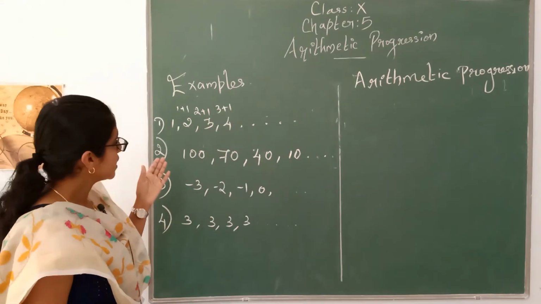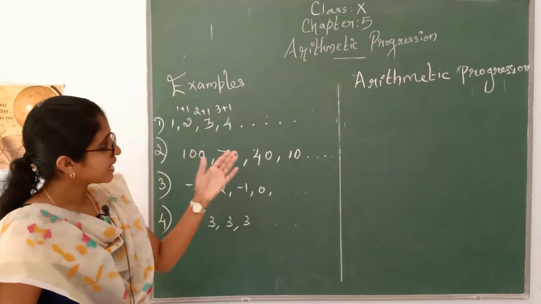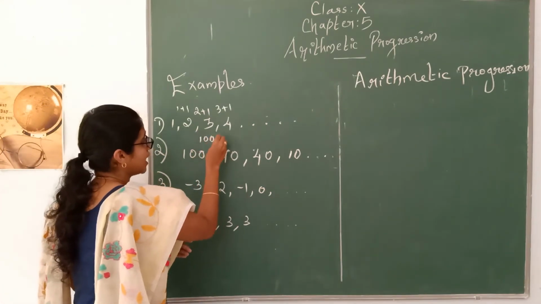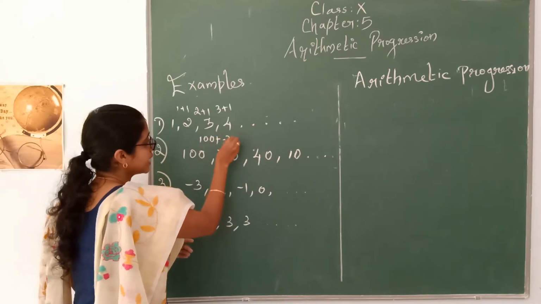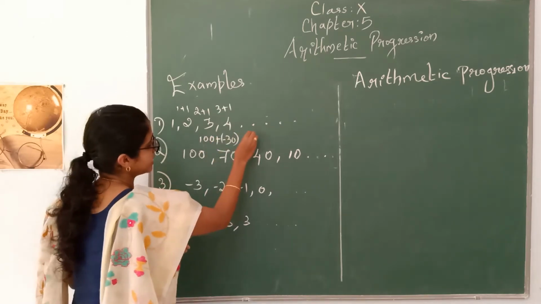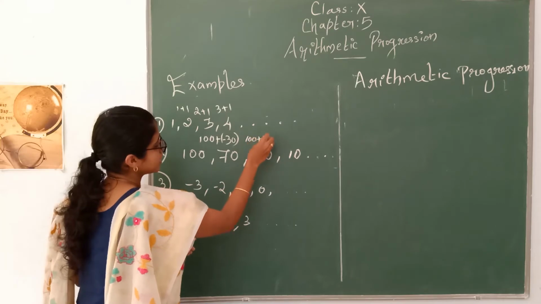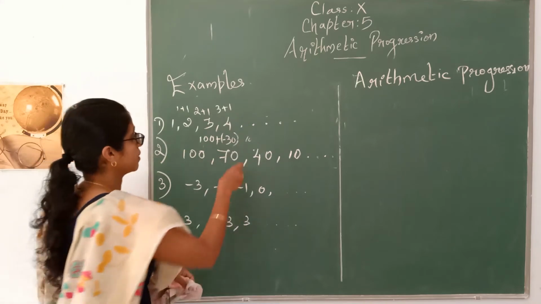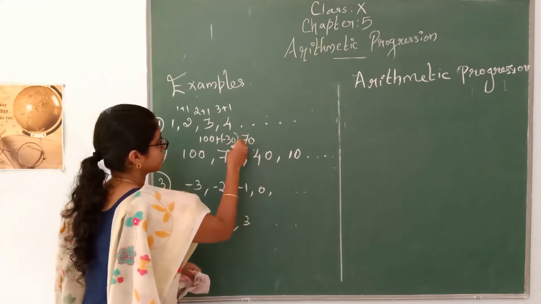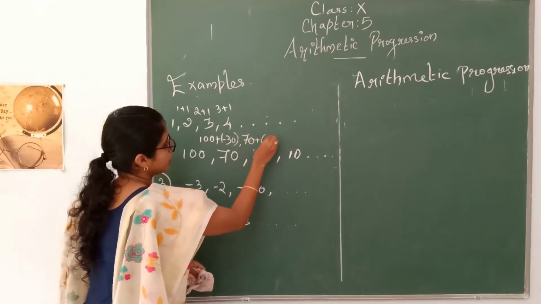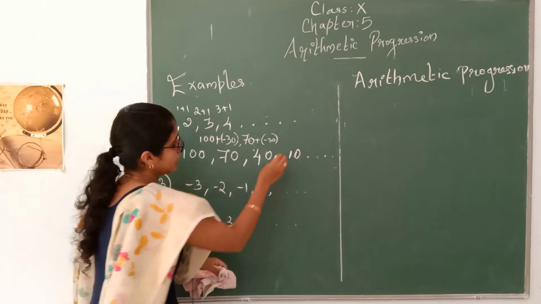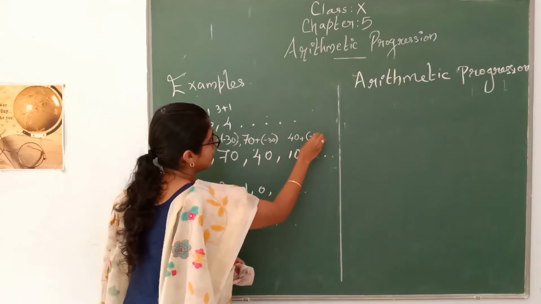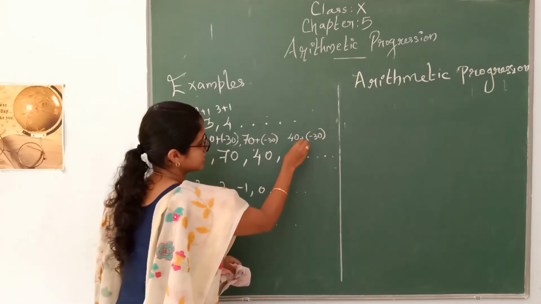And here 100, 70, 40, 10, etc. is also a progression, since 100 plus minus 30 is 70, 70 plus minus 30 is 40, and 40 plus minus 30 is 10.